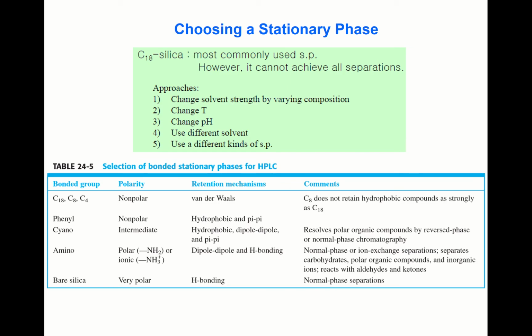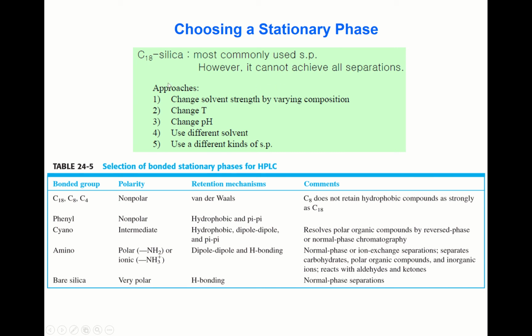And I think the most important part in HPLC is which stationary phase to choose. Mostly the octadecyl bonded silica phase is the most commonly used stationary phase.